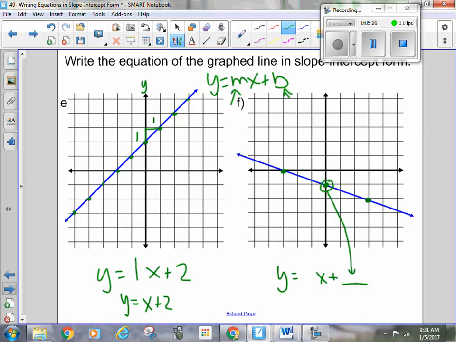So you can go either up 1 and to the left 3, so that would be negative 3, or you could look at your slope as negative 1, because you're going down, and to the right positive 3. So that you're going to write as a fraction and put in for your slope there.